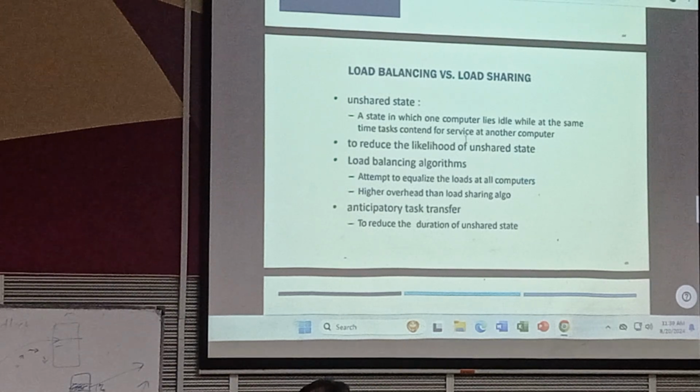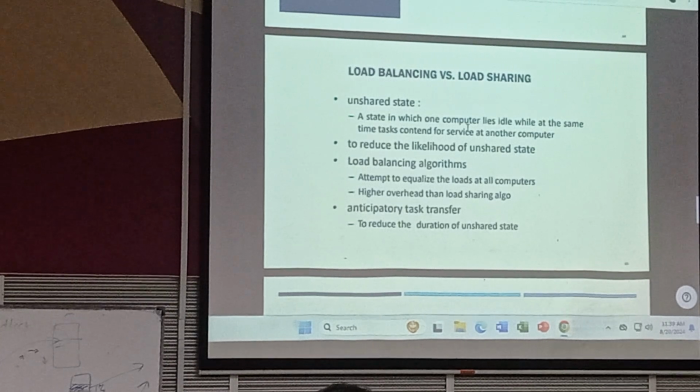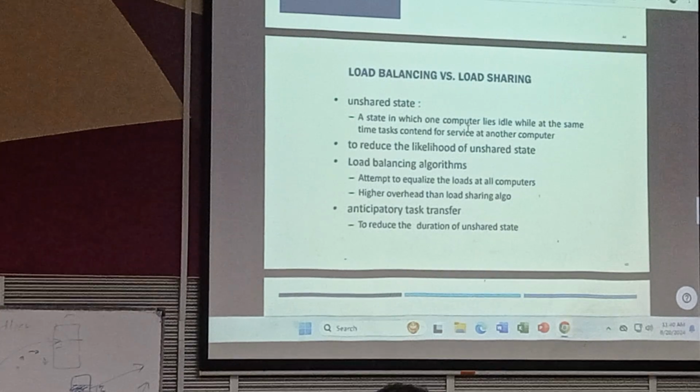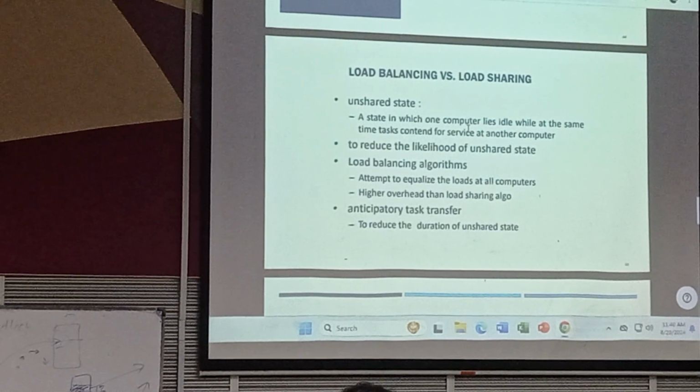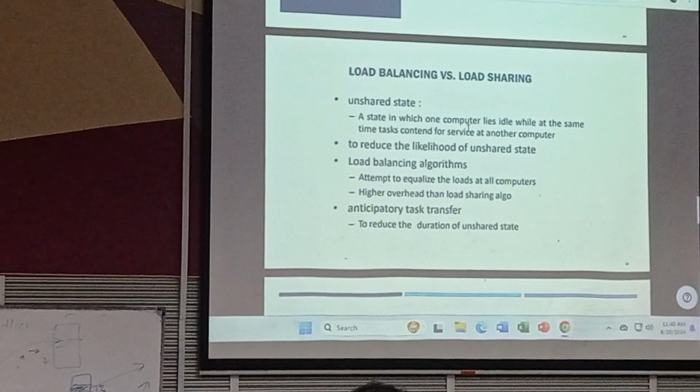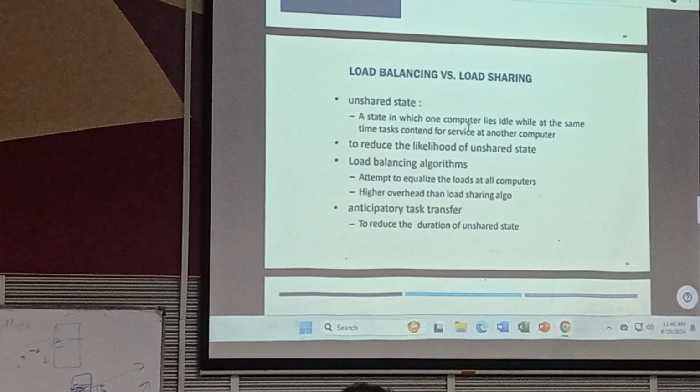Okay, what does load balance mean? Load balance means the system tries to balance the resources that are available. Okay, if this is overloaded, you try to load balance so that they are more or less equal. Okay, this is to remove the stress from each computer, because when you load balance, here will not be overloaded.